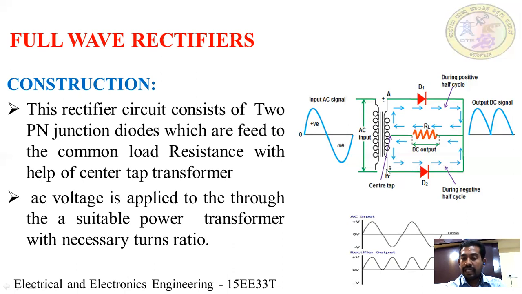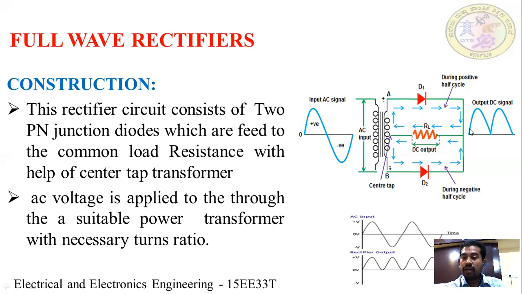The current mainly flows during the negative half cycle due to the conduction of the diode D2.